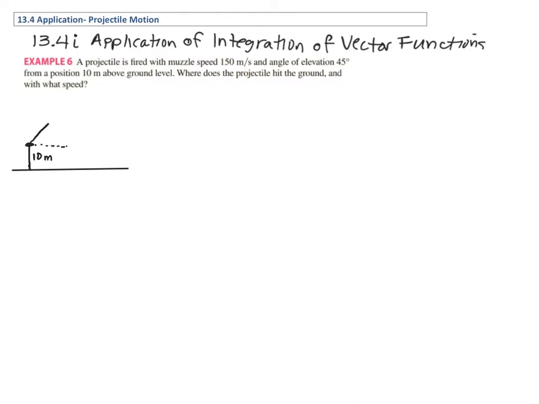So this angle right here is 45 degrees. 150 meters per second would be the initial velocity. So you could think of this initial vector as having a magnitude of 150 meters per second. And so it fires this object, and the question is, where does it hit the ground and with what speed?